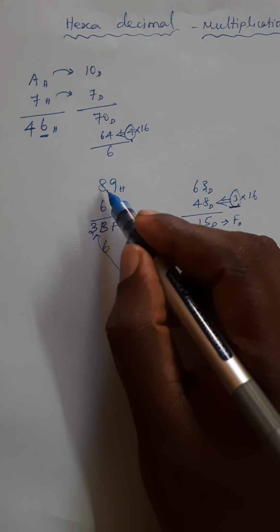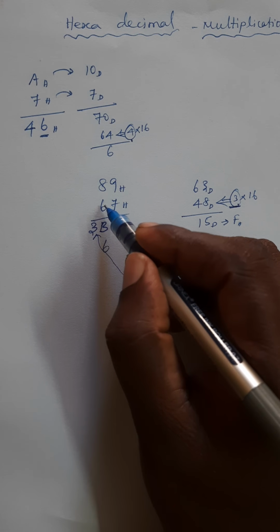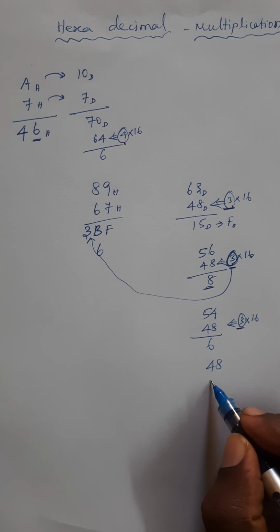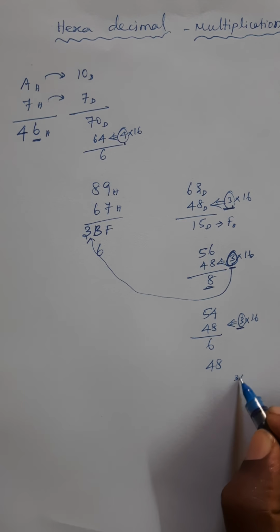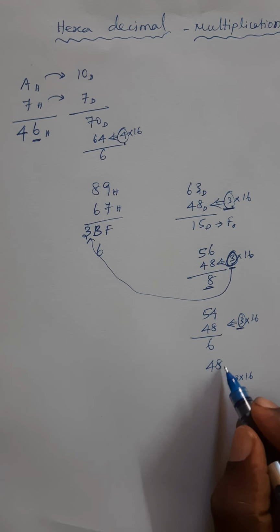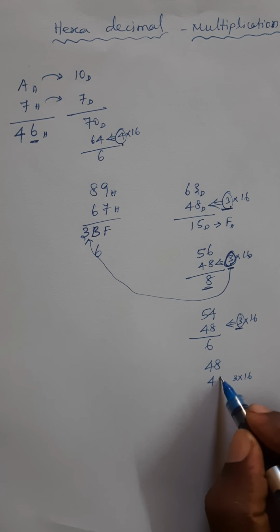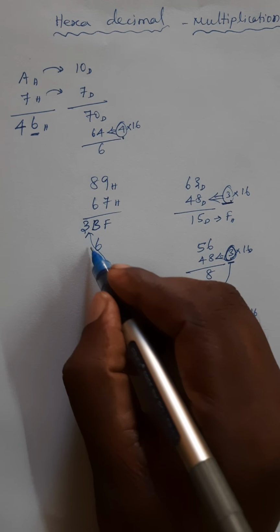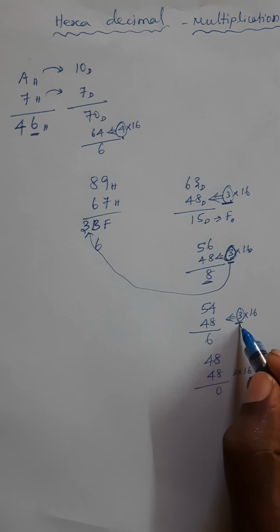Then we need to multiply 8 into 6. So 8 into 6 is 48. So 3 times 16 is 48. Why do we do it? Because we need to subtract by 16 to convert this decimal number back into hexadecimal. So 48 minus 48 is going to be 0. I cannot write 0 there because this 3 is left out.